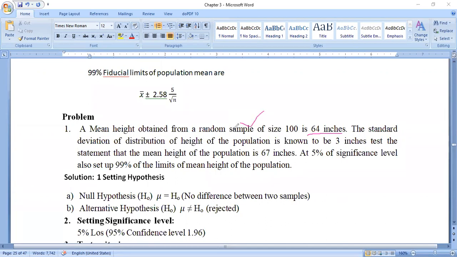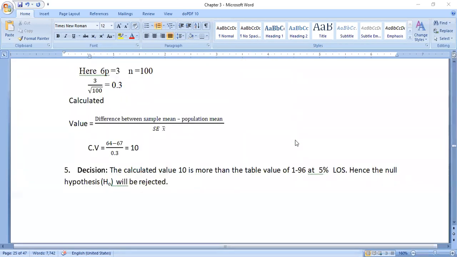Population mean is 67 inches, the mean height of the population, clearly given. So we apply the formula: calculated value is equal to 64 minus 67 divided by the standard error 0.3. You will get 10.